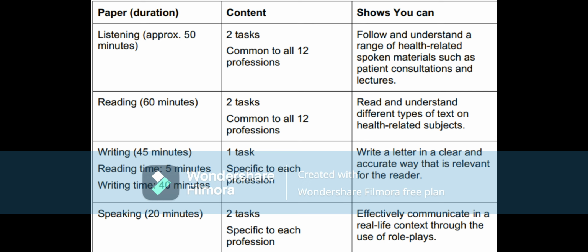Then from the reading, they want us to read and understand different types of text on health-related subjects. Even here we have part A, part B, and C. I think most people find part A a little bit difficult, because in part A they want us to read and understand different types of text on healthcare-related subjects.